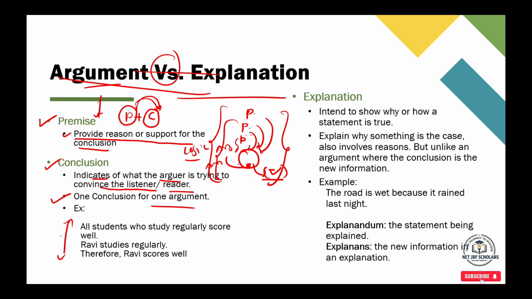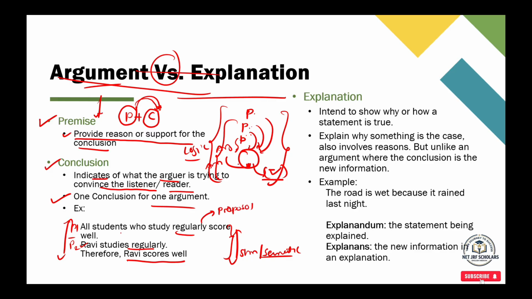As you can see here, I have given an argument. All students who study regularly score well. Ravi studies regularly. It means Ravi scores well. There is no error structurally, and you can make sense of it. Even the semantics, the sense of the argument, is very logical. All students who study regularly score well is premise one. And P2 is Ravi studies regularly. Here these are propositions.